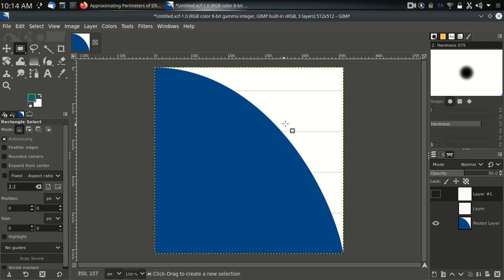That error is pretty big out here. But for just a real simple approximation, it's within like 10%, something like that. That's not horrible. It's not great, but it's not that horrible.